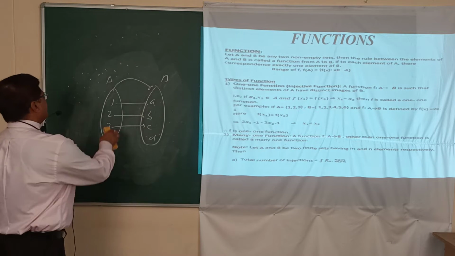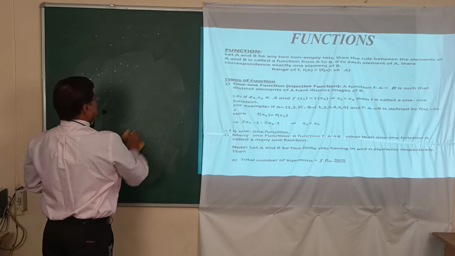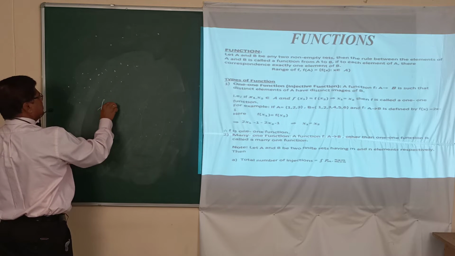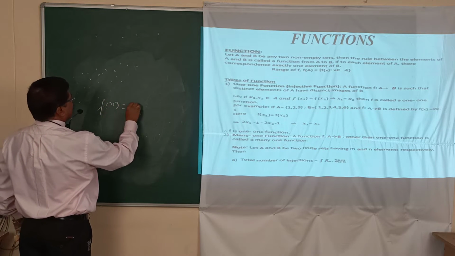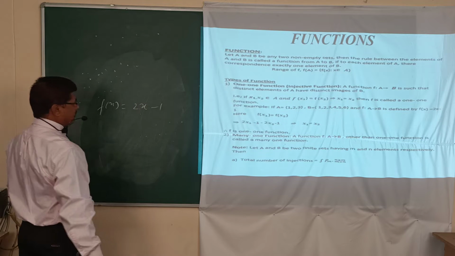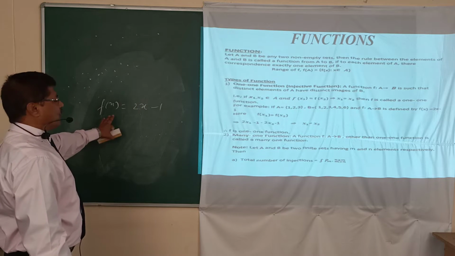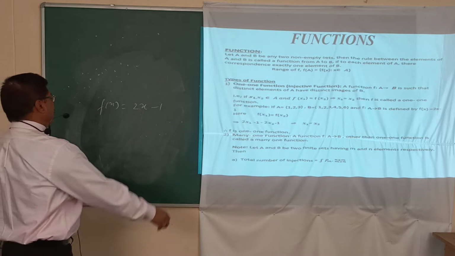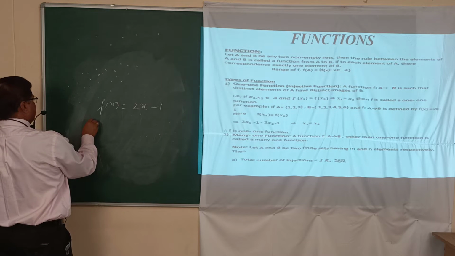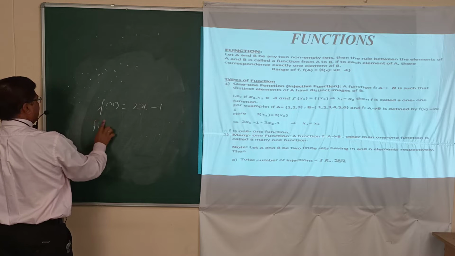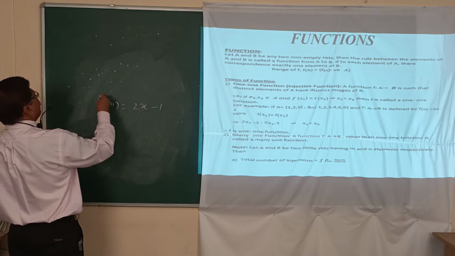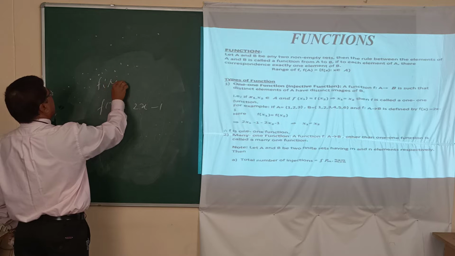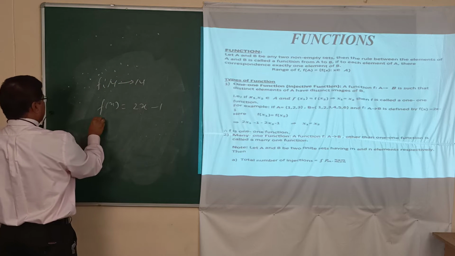Or in another way, suppose a function f(x) is given, that is equal to 2x minus 1, and we want to prove that this is a one-one function. How to prove it? Say it is f from N to N, for natural numbers.